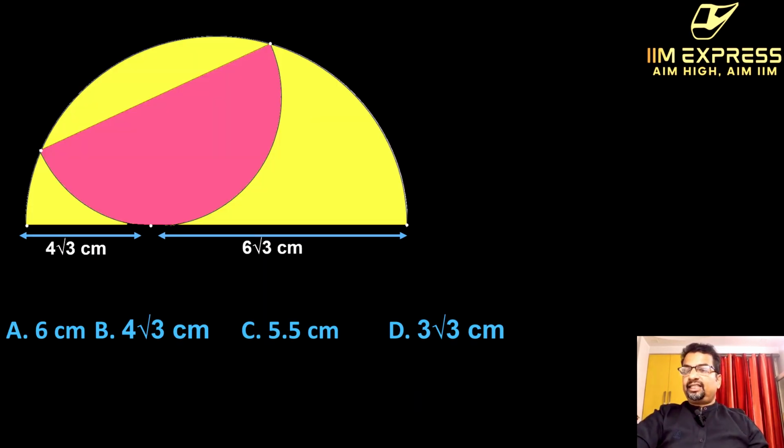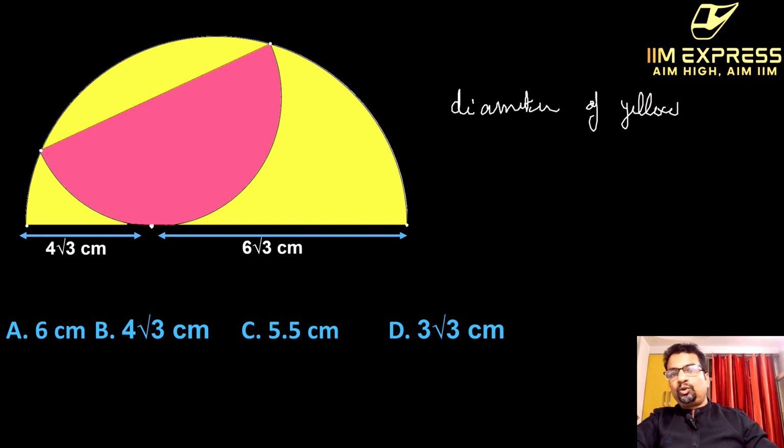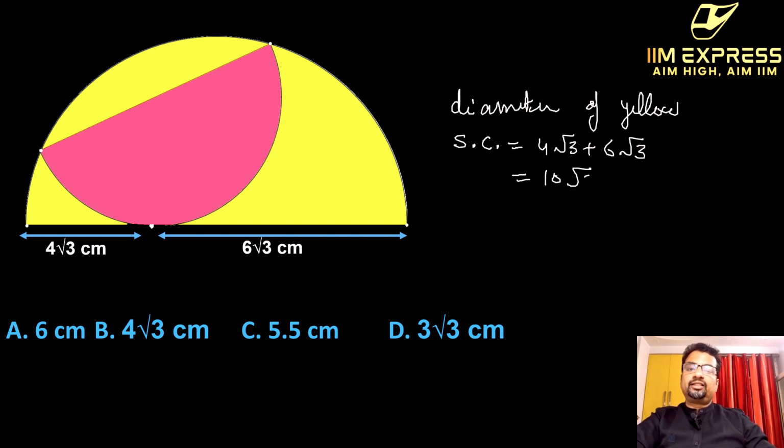This length is given to us 4 root 3 till the point of contact of pink semicircle, and this length is given to us 6 root 3. So can I say diameter of yellow semicircle should be equivalent to 4 root 3 plus 6 root 3, which easily we can say 10 root 3.